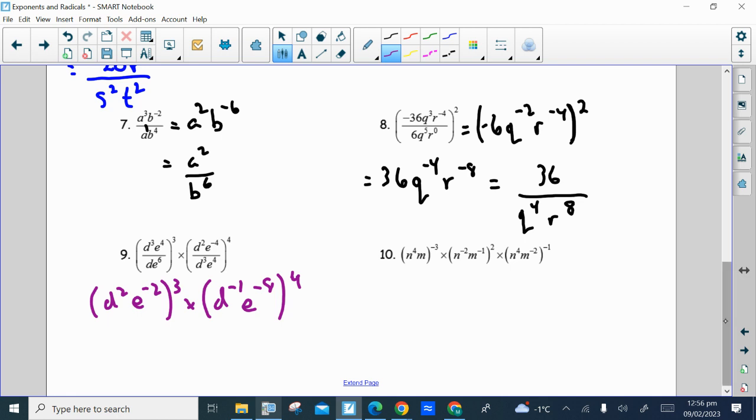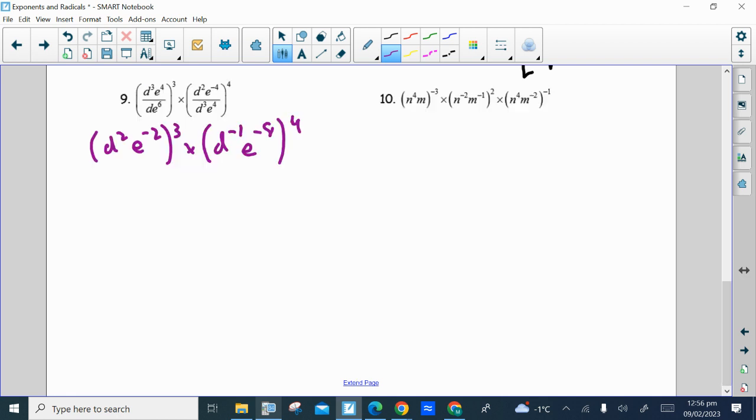And now we will deal with the power outside the bracket by multiplying the exponents, right? Whenever you have one exponent raised to another, you multiply the exponents and the base stays the same. So that would look like that.